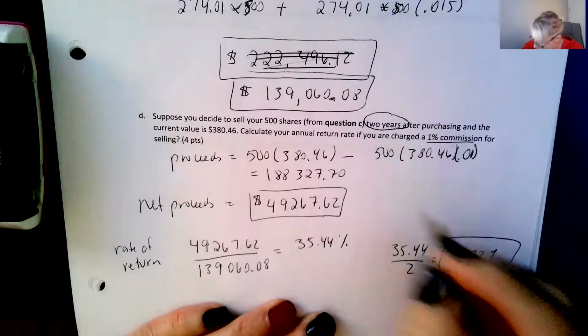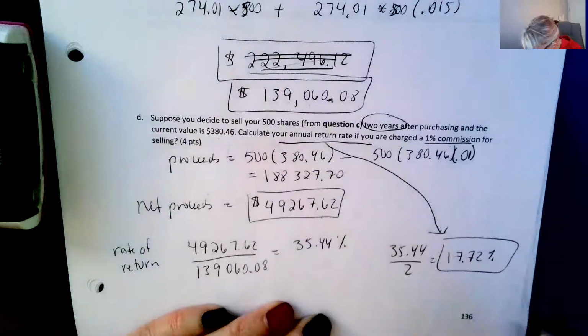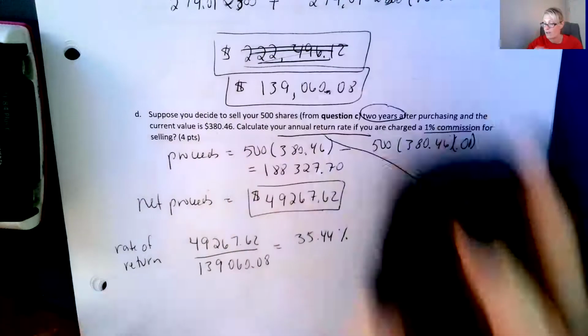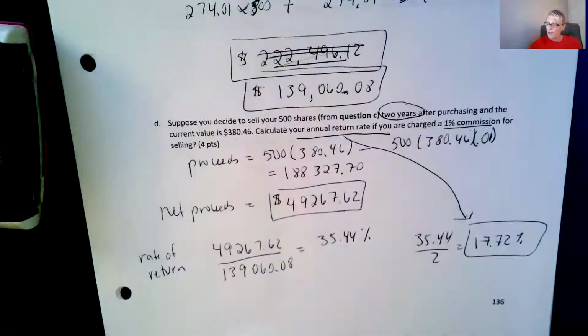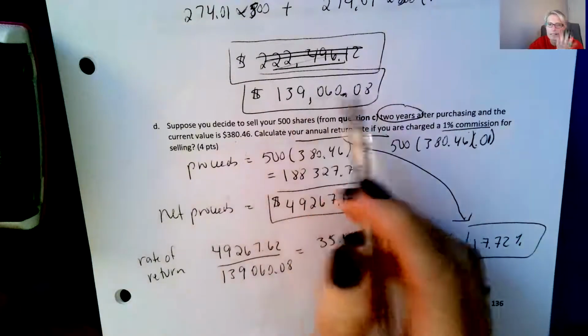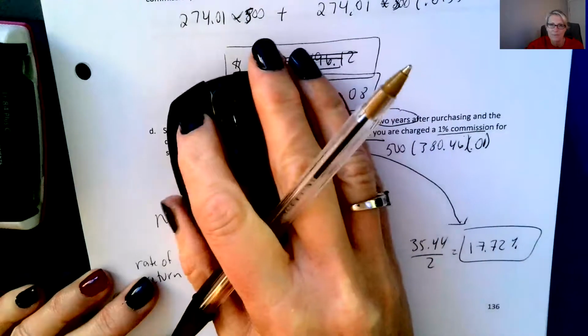It's our annual rate of return. Pretty awesome if you can get that. But you had to have $139,060 up front, right, to make the original purchase, which is quite a bit.